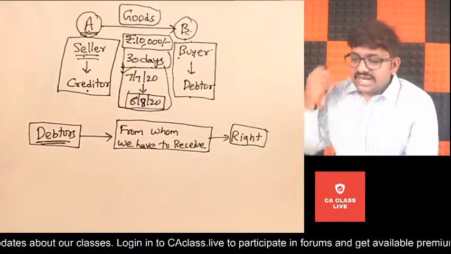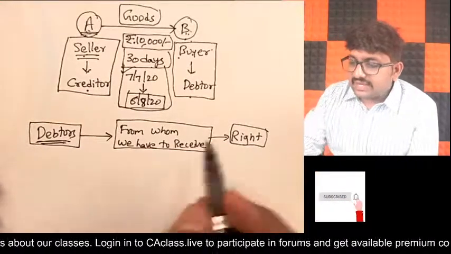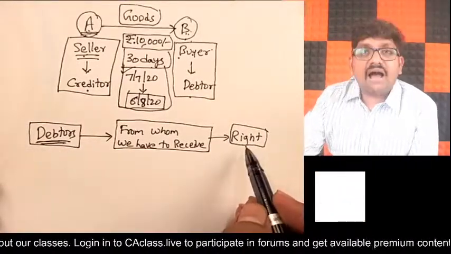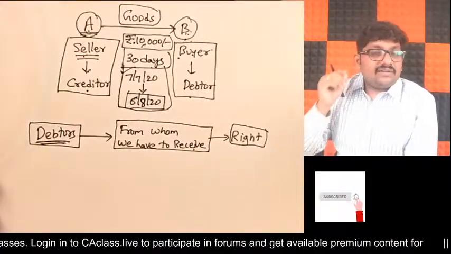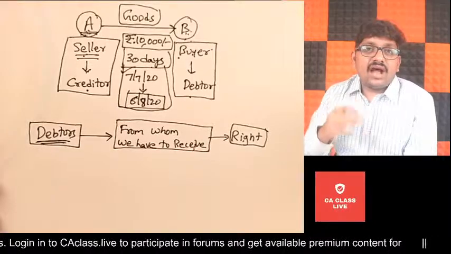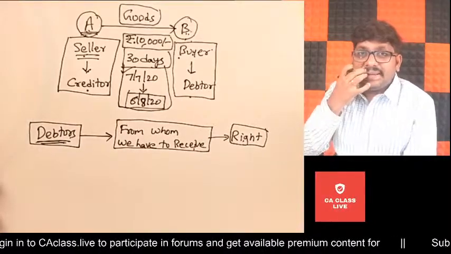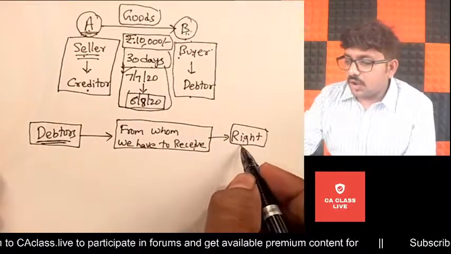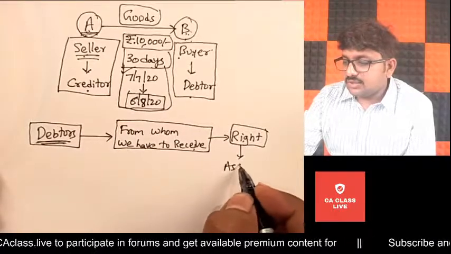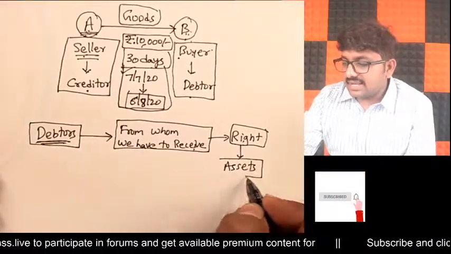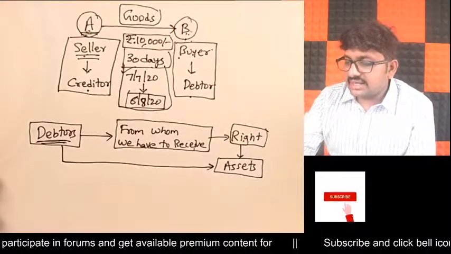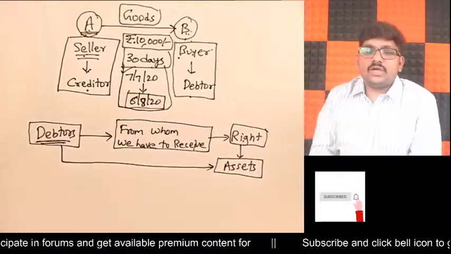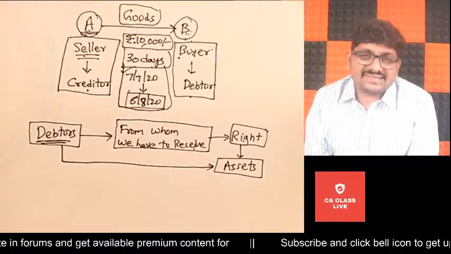In the first class itself, I told you, whenever you have a right on anything, you classify them as assets. That's why our debtors are categorized under assets, my dear friends.